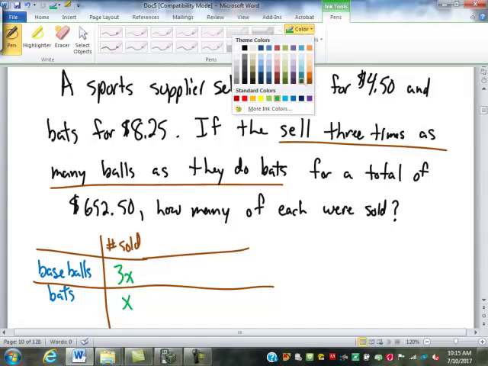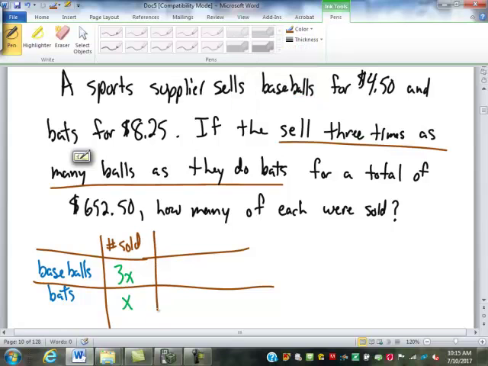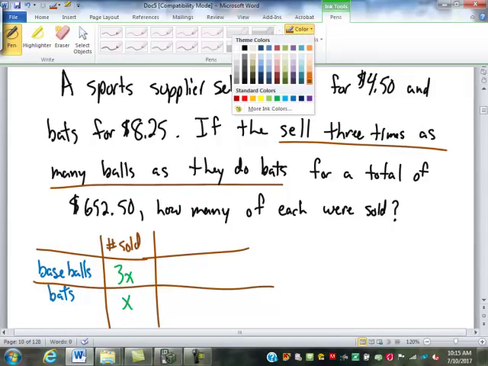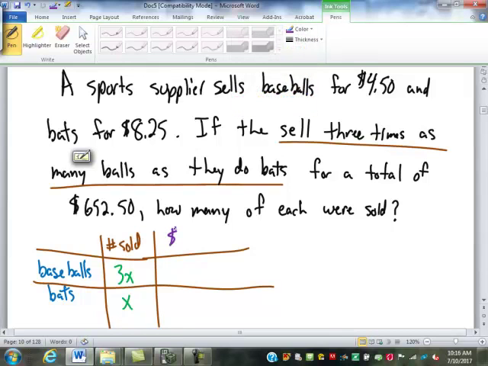Now they didn't give us the total number of items sold. If they were to tell us that they sold 480 total items, it would be 3x plus x equals 480. But we didn't get the total number of items sold. They gave us the total dollar amount, which is $652.50. Well, how do I express the dollar amount of baseballs sold? That's price times the number sold.